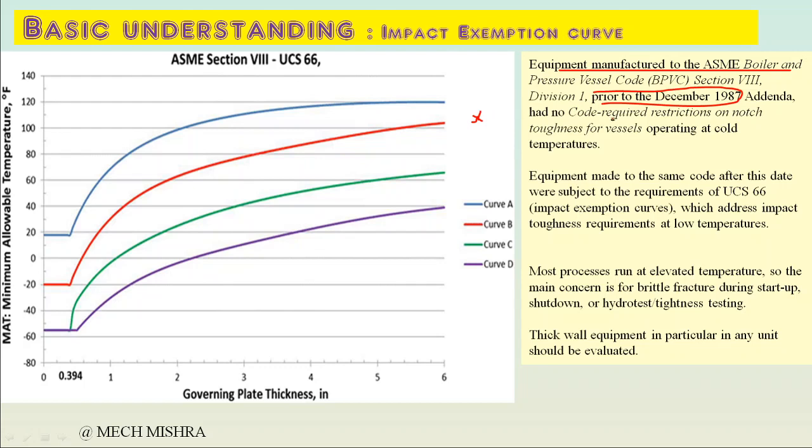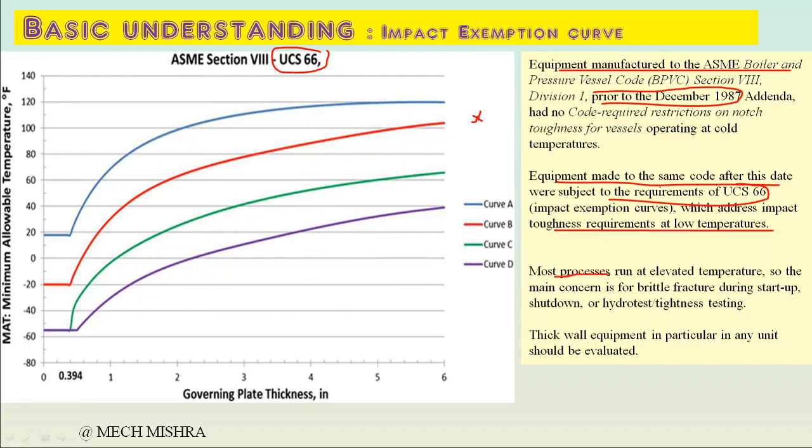So this notch toughness requirement was not there, but for equipment made after 1987, this requirement came into the picture. Equipment made to the same code after this date is subject to the requirement of UCS 66. This section UCS 66 is very important, for whether we require the impact test or not to check the toughness. To check the toughness requirement at lower temperature, this impact test is done.